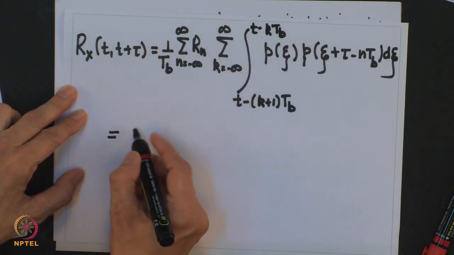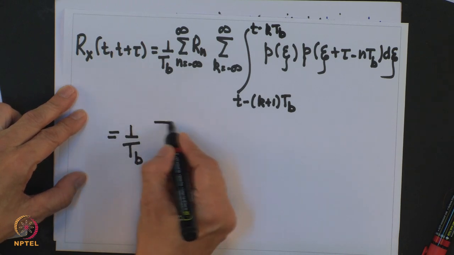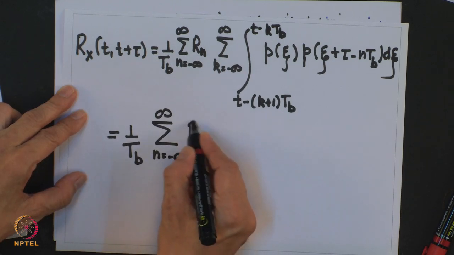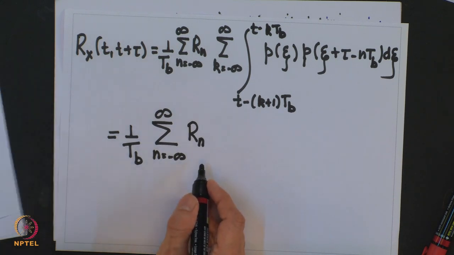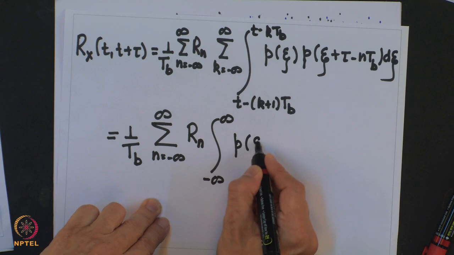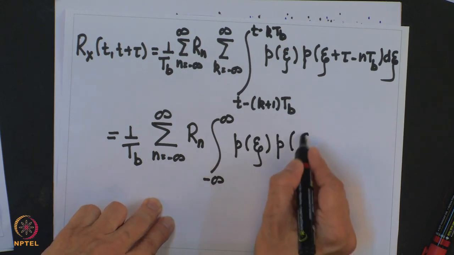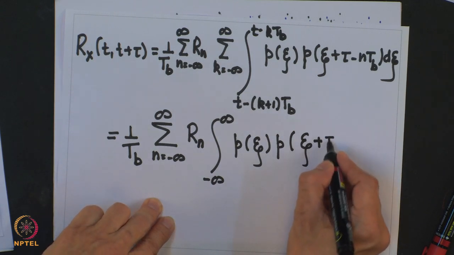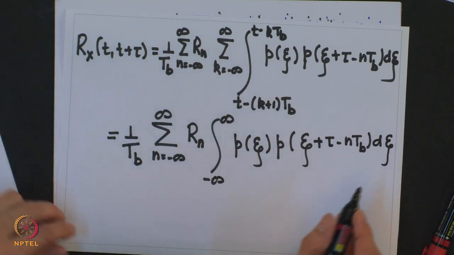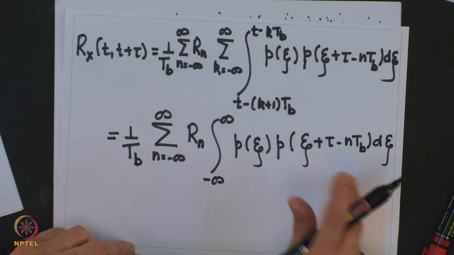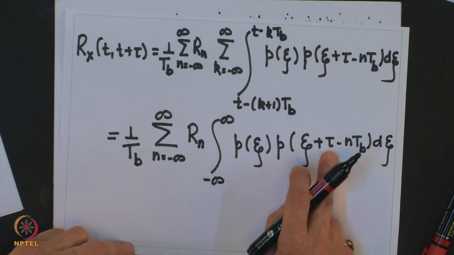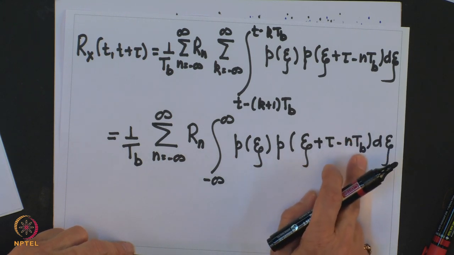And this expression I can rewrite it as, now the integral on the right hand side is the time autocorrelation function of the pulse p(t) with the argument tau minus n T_b.